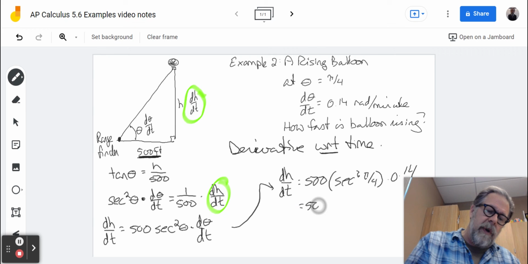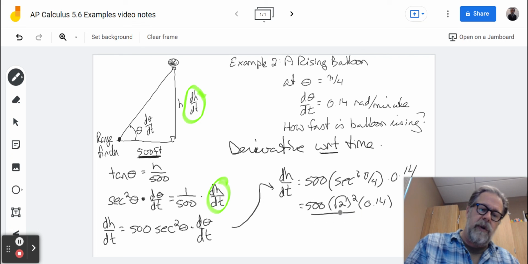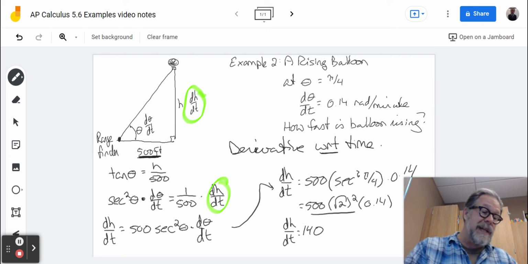So this is 500 times root 2 squared times 0.14. Well, that means that's 1,000 times 0.14, which means that the rate of change of the height with respect to time is 140. Now, we're not quite done because we need units.